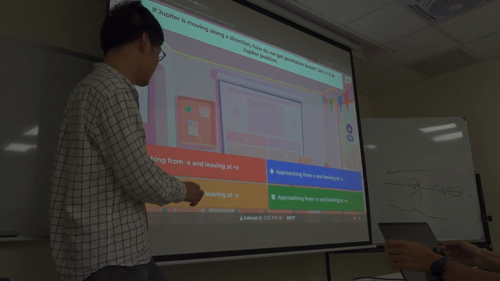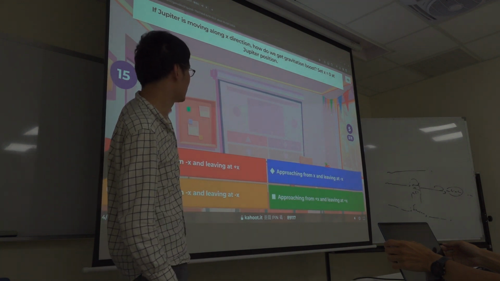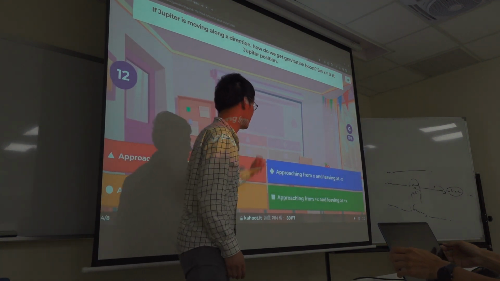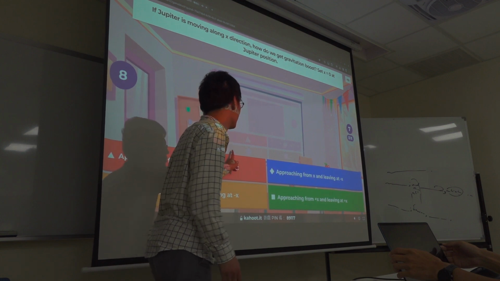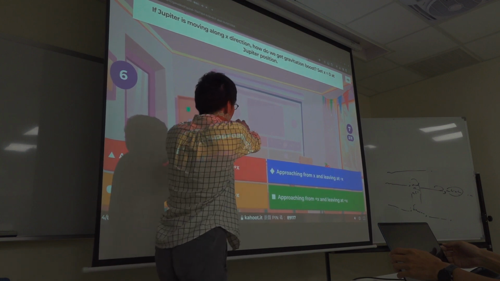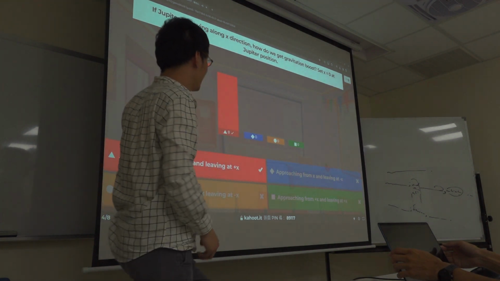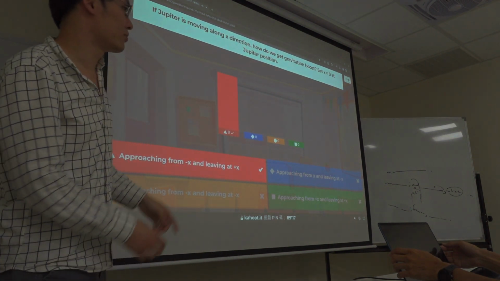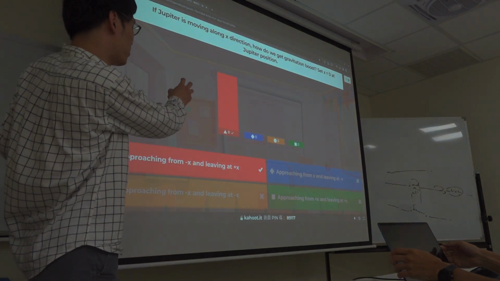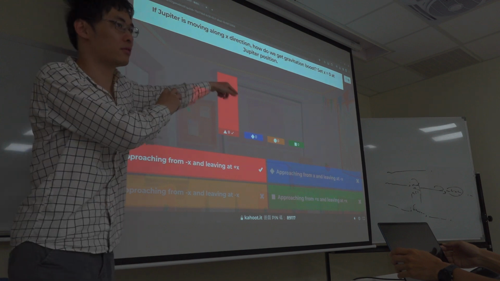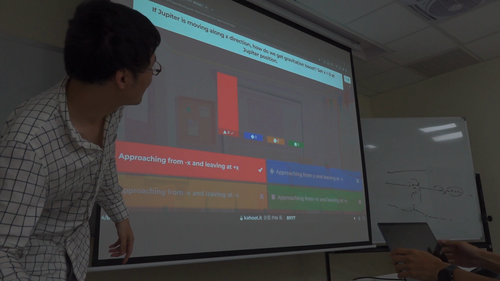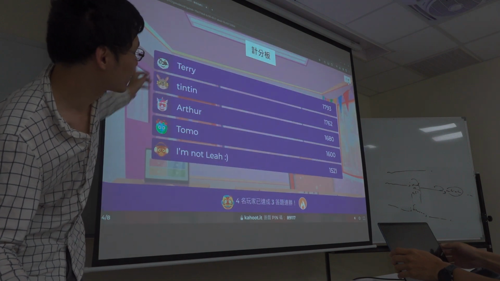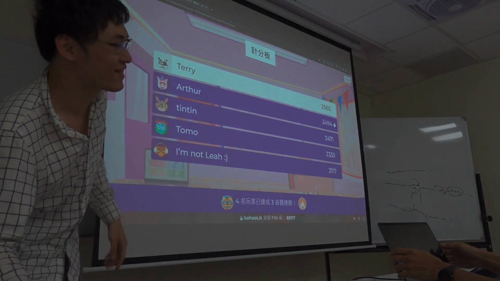The plane goes this way, and the spacecraft goes possibly this or this or this. The key is to approach from behind and it will slingshot you to the front. Everybody got it right? Good. Yes, the GIF is working, so thank you.